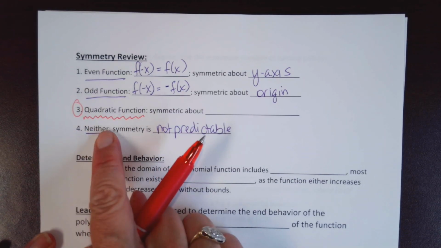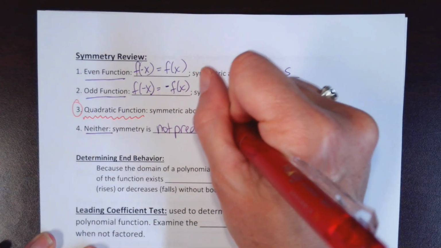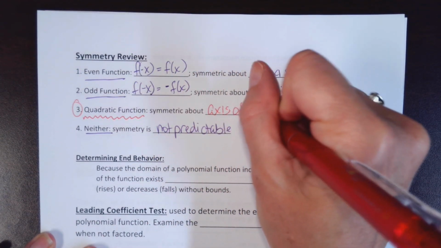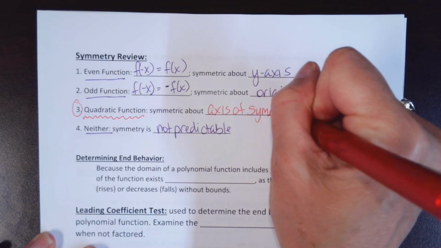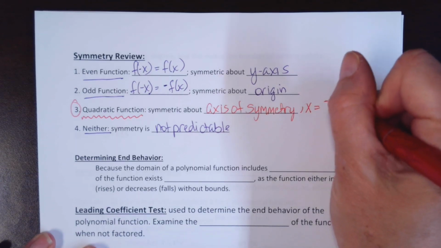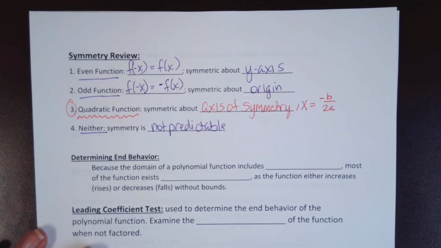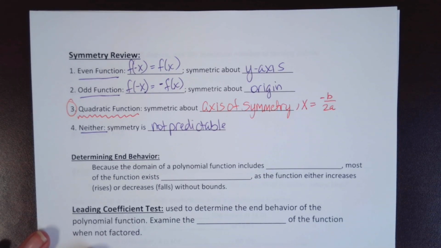And quadratic functions are always going to be symmetric about that axis of symmetry. So we can use our vertex to find the location of our axis of symmetry, whatever the x-coordinate of our vertex is. Okay.